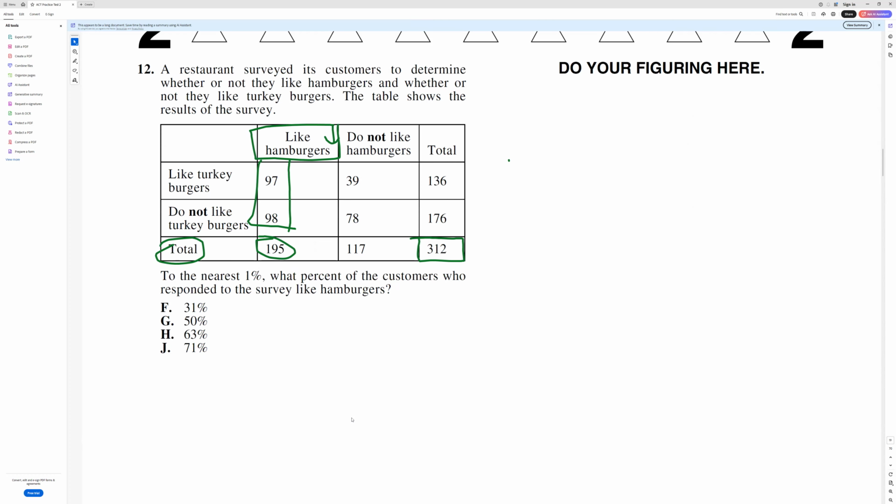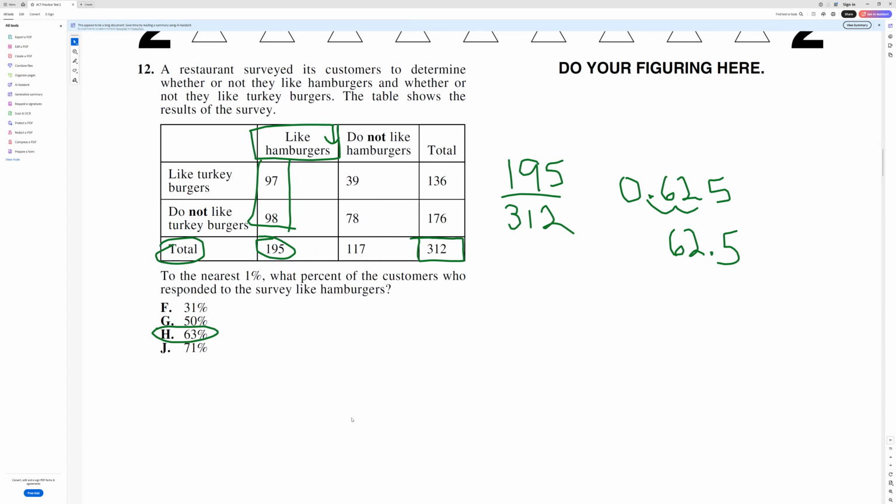So my answer is 195 out of 312. And with a calculator, you get 0.625 as a decimal. As a percent, you move the decimal point twice to the right, so you get 62.5. The closest number would be 63%.